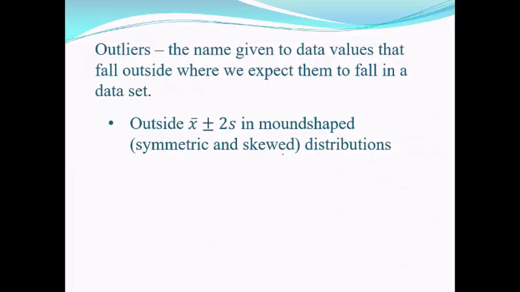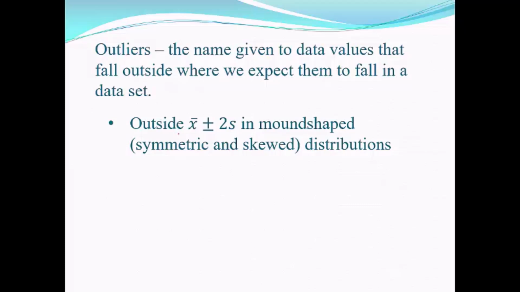Skewed distributions, we'd be using what we call the modified empirical rule. But regardless of which of those we're looking at, we're expecting observations to fall within two standard deviations. And so those that fall outside two standard deviations are not expected. Those are going to be called outliers.